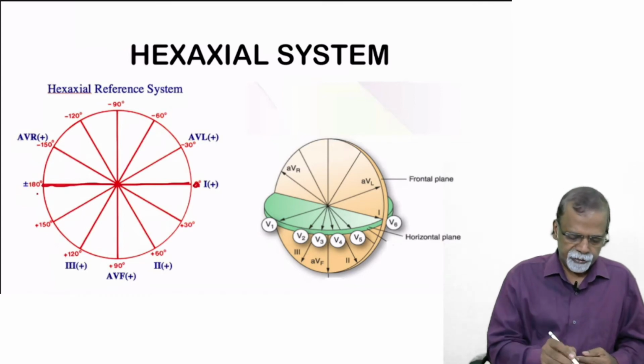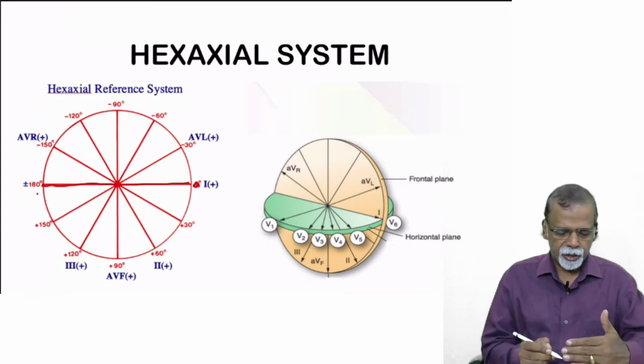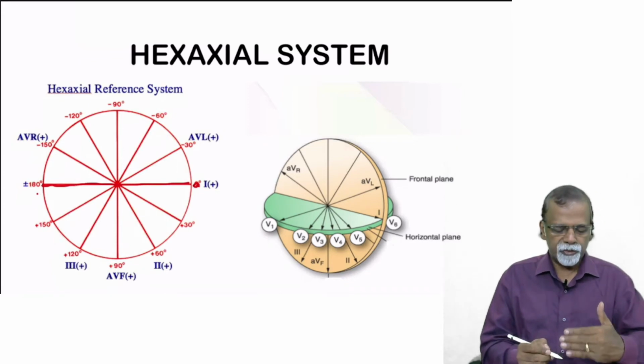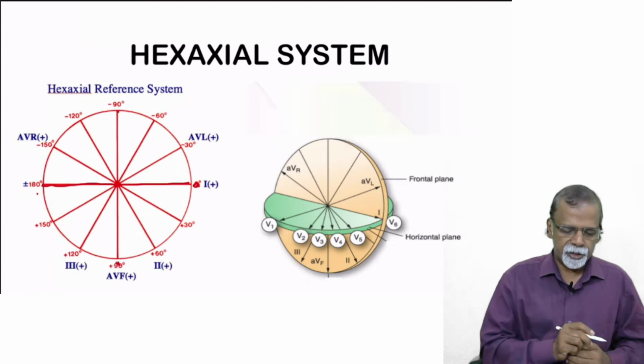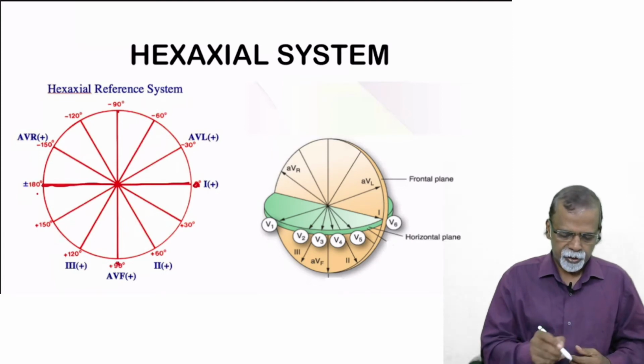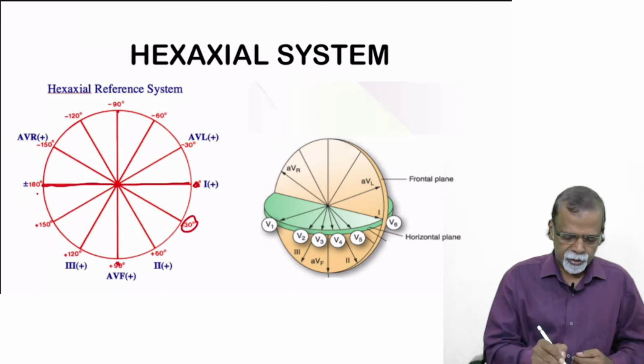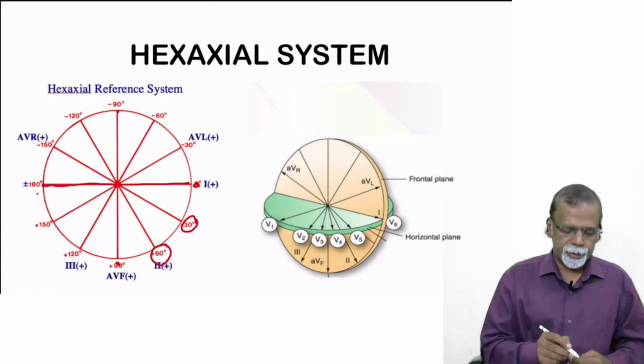And we take the AVF as told earlier. Below, the lower half is positive. This is plus 90 and the opposite end is minus 90. So this is plus 30. So that is the AVR, the other end. And this lead 2 is plus 60.